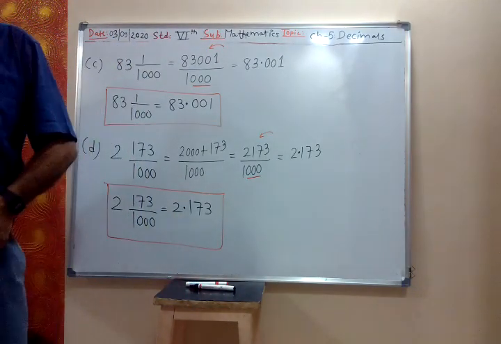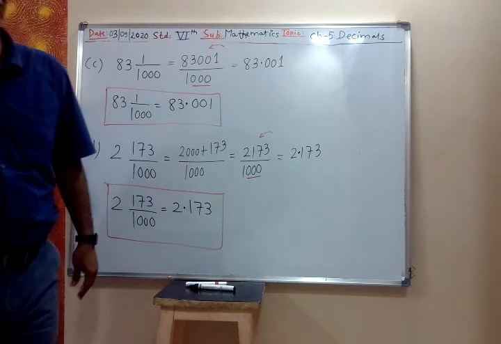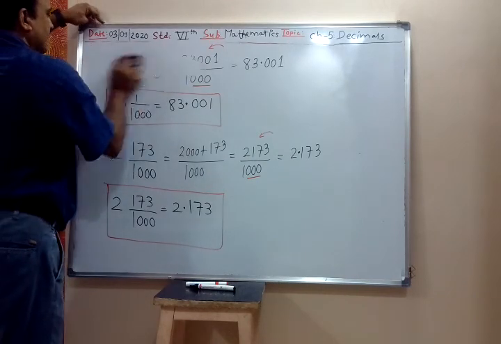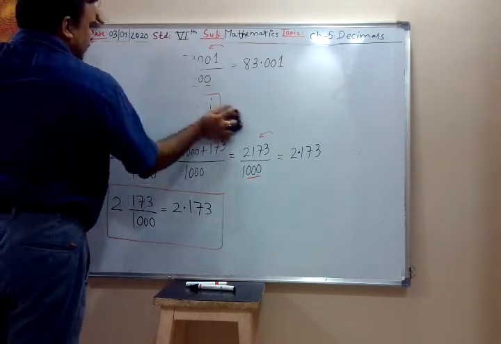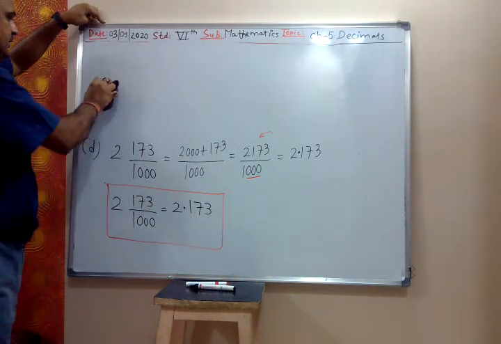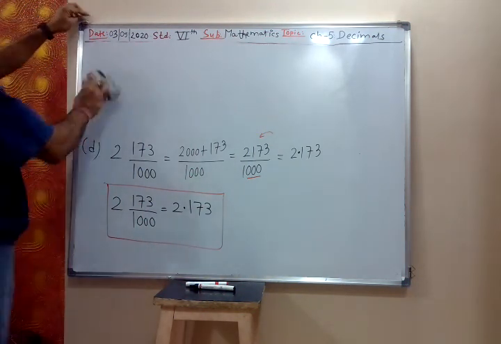Now solve next. E 14 is to 5 upon 10. Yes, solve that.